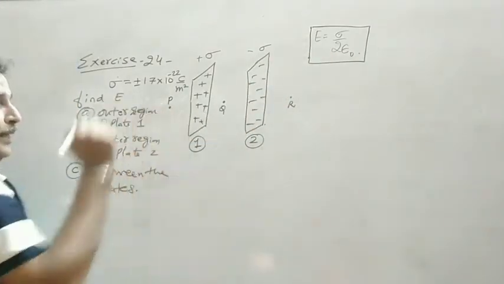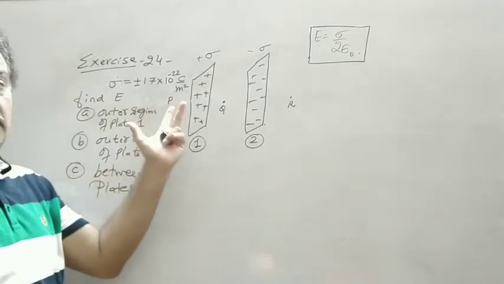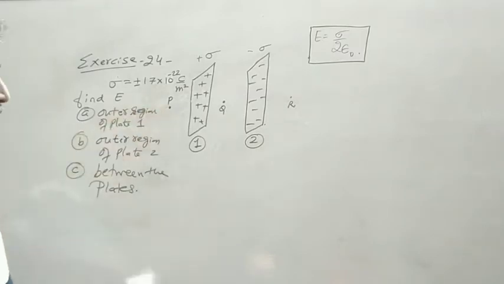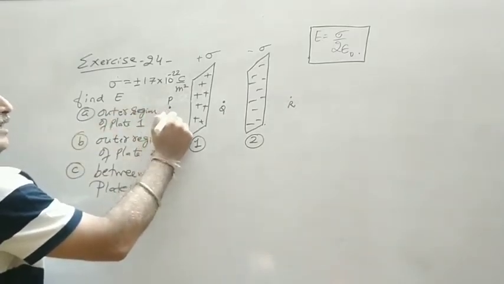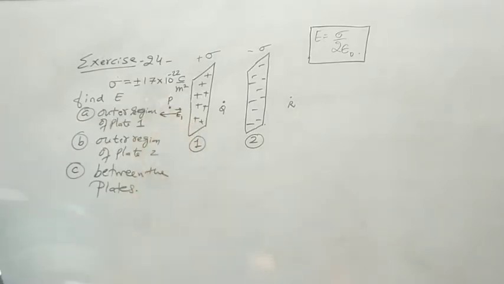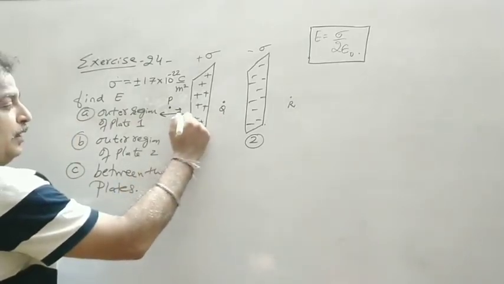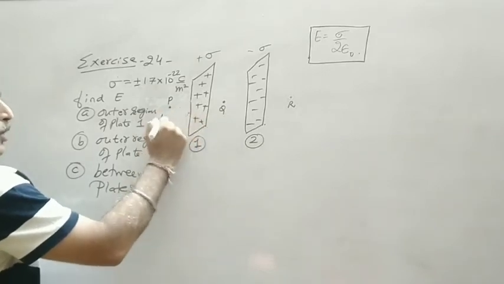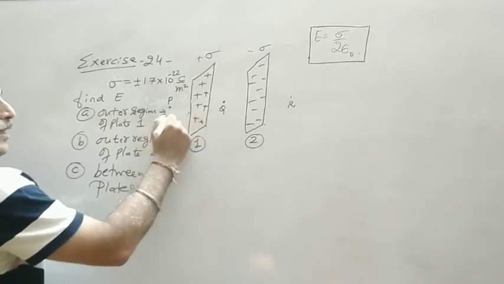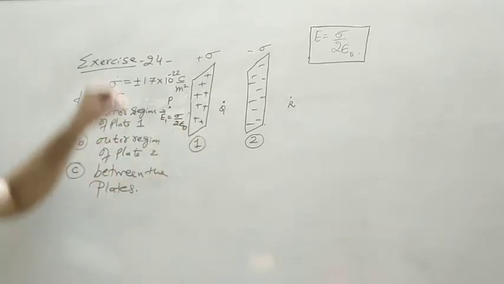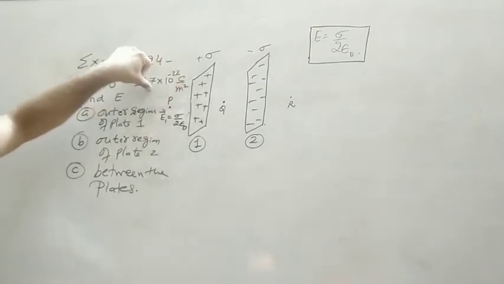So at point P, if the plate is charged positively on both sides and I keep a test charge here, the electric field intensity E1 will be away from the plate, and its formula becomes sigma upon 2 epsilon naught. It does not depend on the distance, whether point P is near or away.